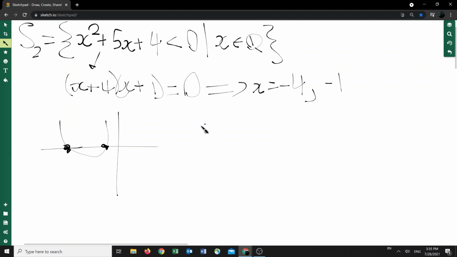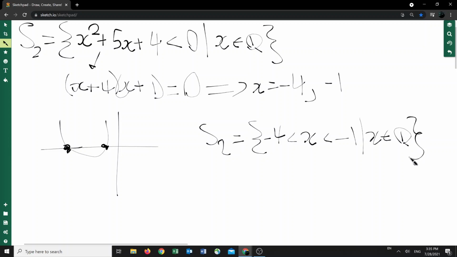So in other words, we can transform our set S2 into the following set: x ranges from -4 to -1, where x is in Q. Now it's important to note that x is in Q, otherwise this problem would be much easier, for example if x was in the natural numbers. Okay.